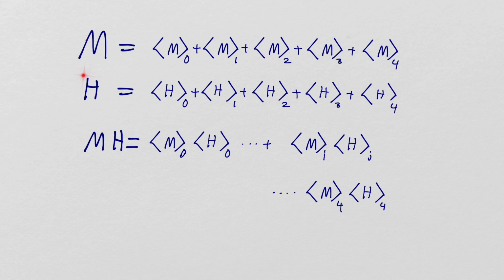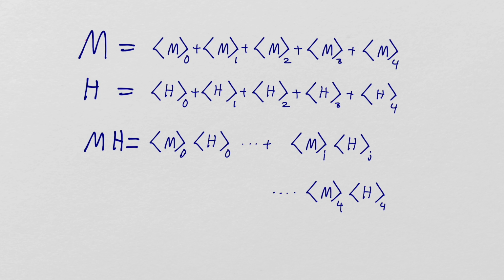So the idea is if we have M as a multivector, and it's some sum of these 4 different types of blades, and H is a multivector that's some sum of 4 different types of blades, MH is the space-time product of this multiplied by this, which is a pretty big expansion, but the first term is going to be the 0 blade of M times the 0 blade of H. And the last term is going to be the 4 blade of M times the 4 blade of H. And you're going to have every combination of blades buried inside there that are going to be part of this sum.